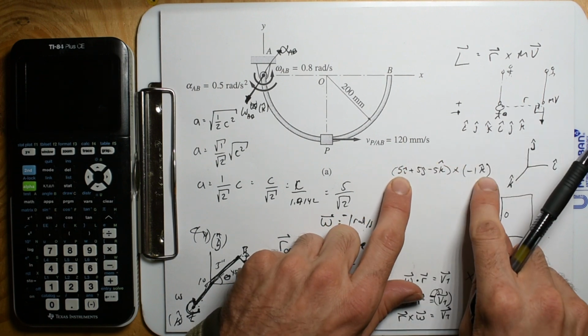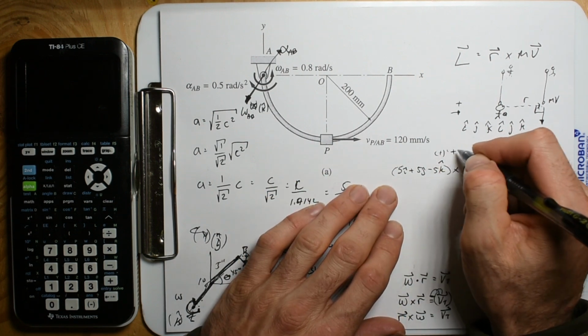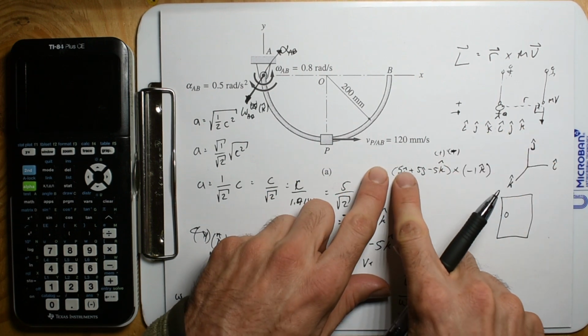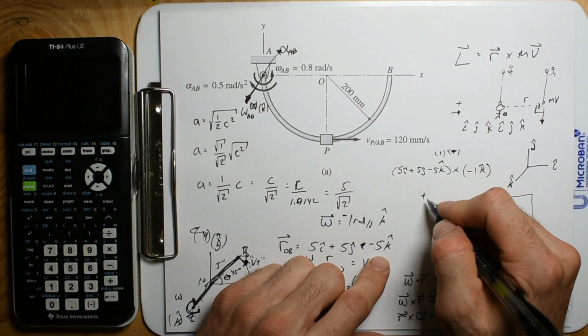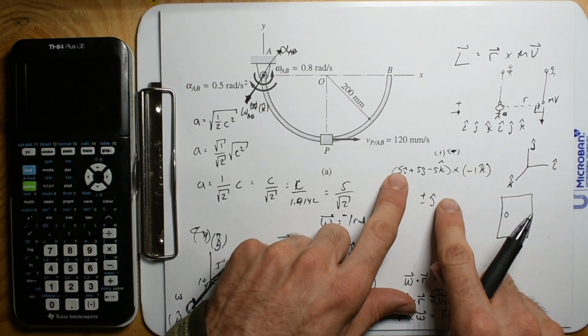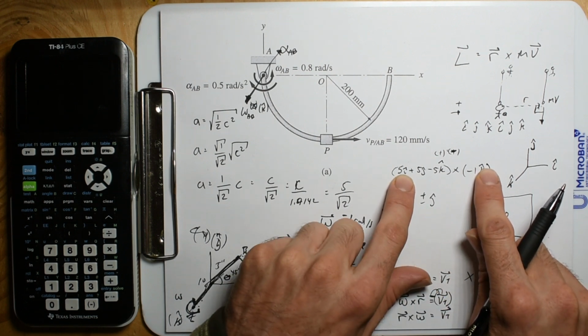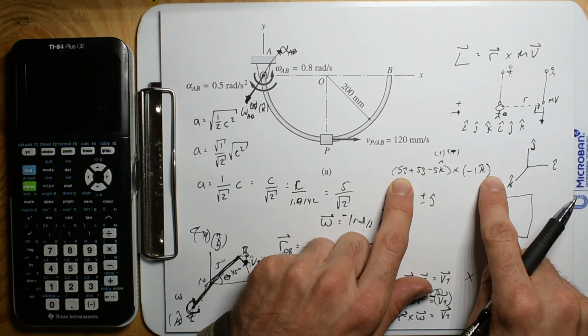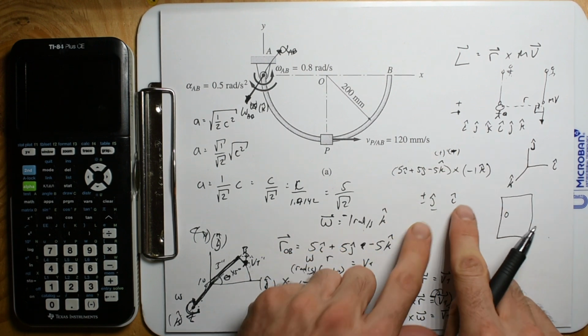I cross k, and whether the sign's going to be positive or negative, who cares? I cross k is j of some sort, either positive or negative j. So just looking at this, I have a k over here. I can cross the i into k to get a j, and I can cross the j into k to get an i. And those are the two components.